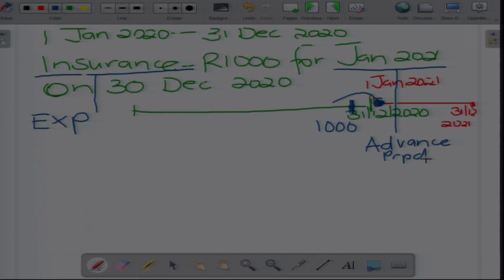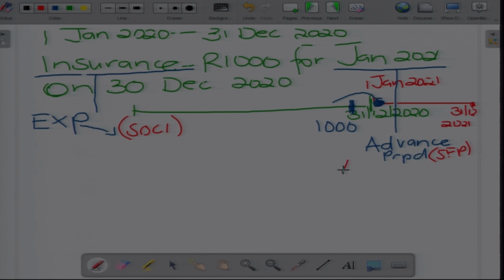Okay, so we know our expense goes to our statement of comprehensive income, and our advance must go to our statement of financial position. But now remember, with the statement of financial position, there is 3 elements, right?